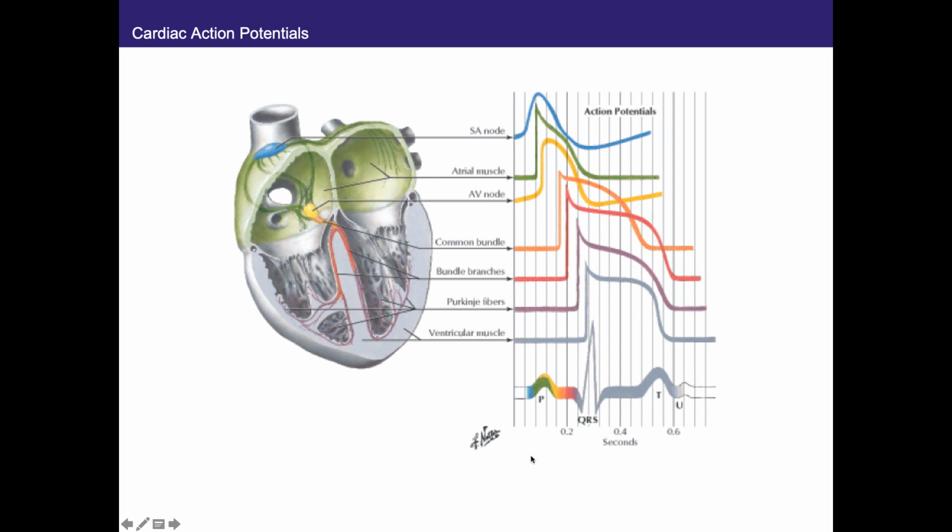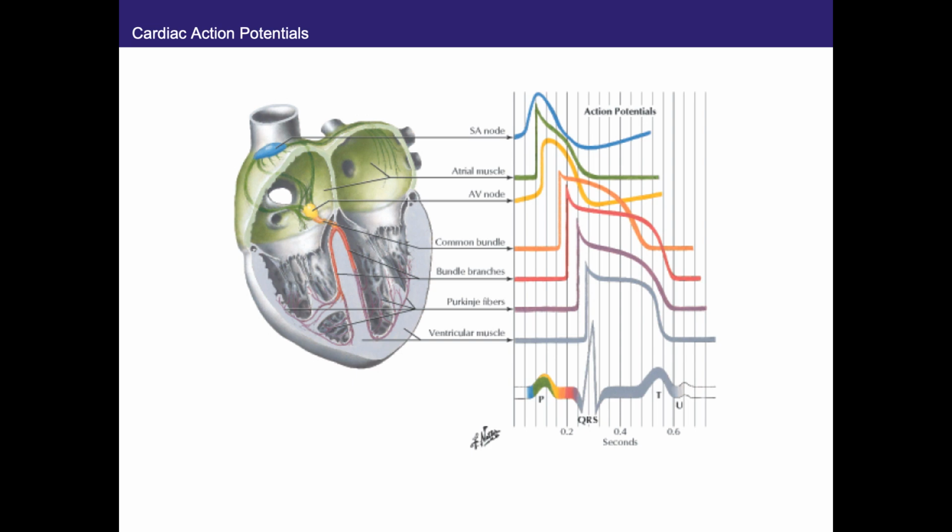So QRS is very large, and then the T wave is ventricular repolarization. And the questions will be very straightforward, right? T wave is ventricular repolarization. P wave is atrial depolarization, okay? Straightforward. So don't spend a whole lot of time on those questions.